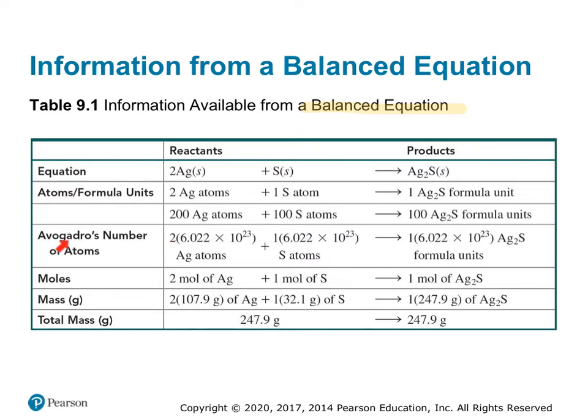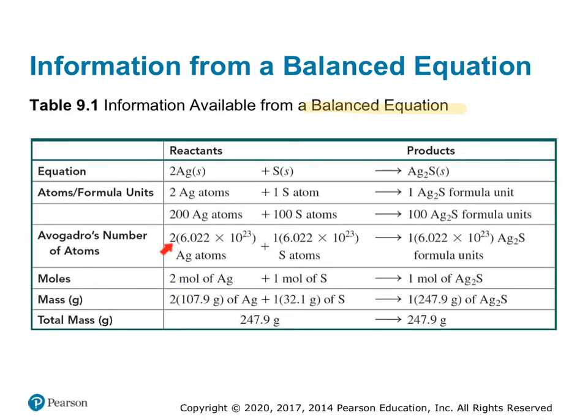Same thing if I have Avogadro's number, I would have 6.022 times 10 to the 23rd times 2 silver atoms, and I would just have 6.022 times 10 to the 23rd sulfur atoms, and I would have the same number of formula units of silver sulfide. But we can ramp that up because we know that Avogadro's number is the same way of saying 1 mole.